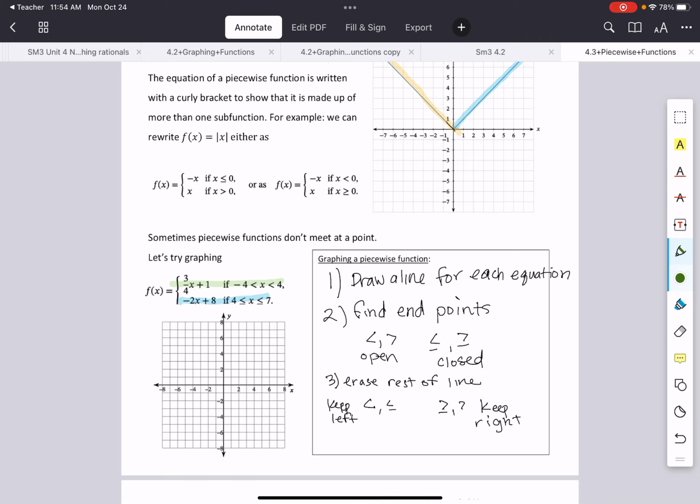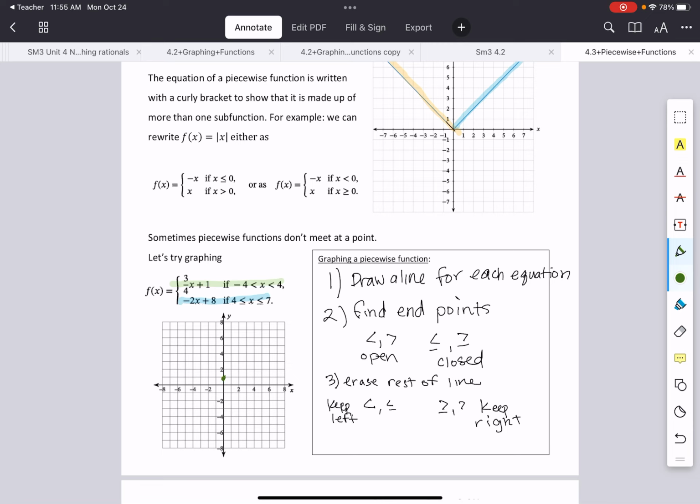What is the intercept for our green equation? It is 1, because this is 3/4 x plus 1. The b is your intercept. So I'm going to draw a point at 1.